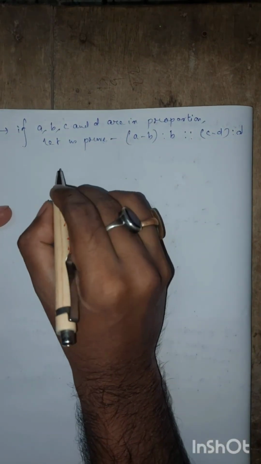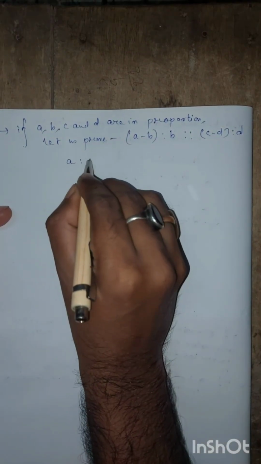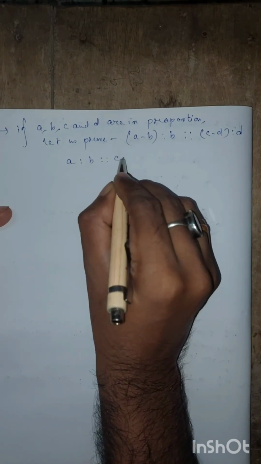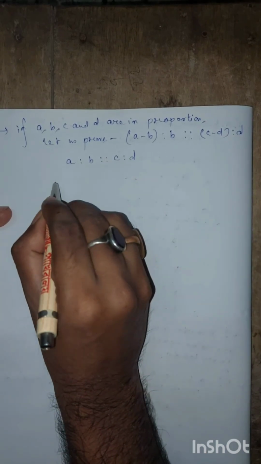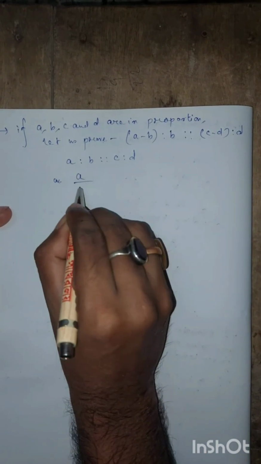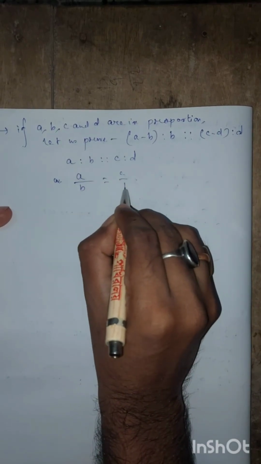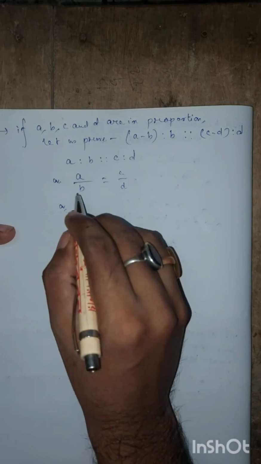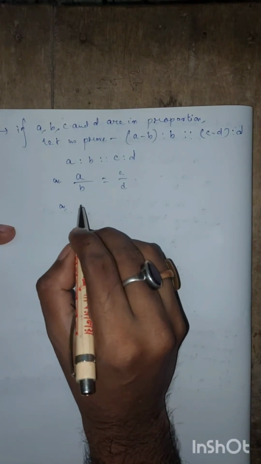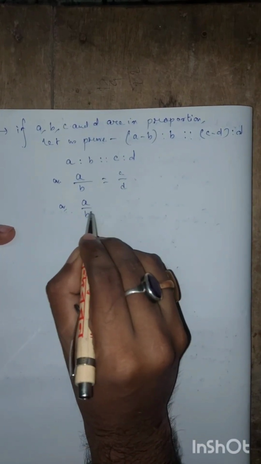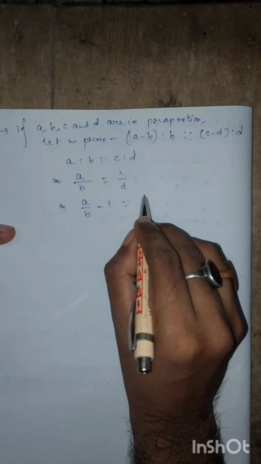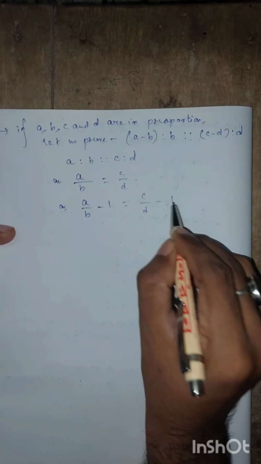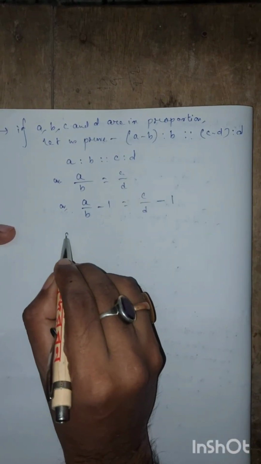So let us write the given information. A is to b as c is to d, or we can say a by b is equal to c by d, or if we subtract 1 from both sides, we get this.